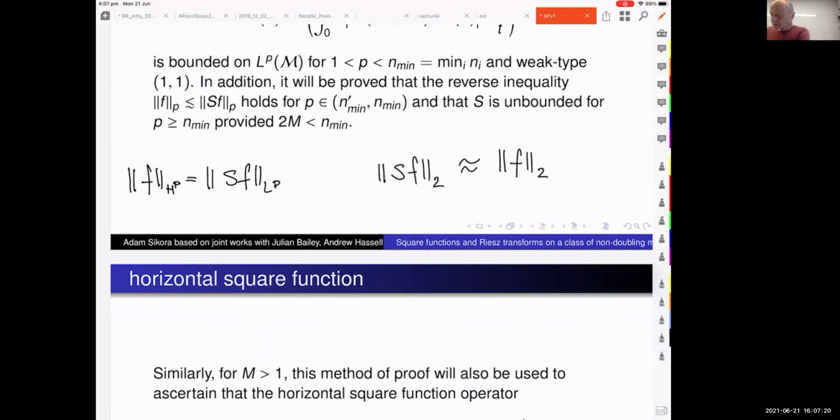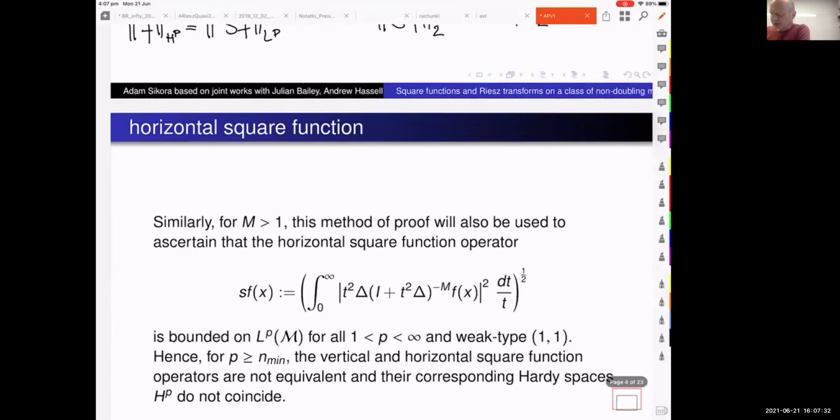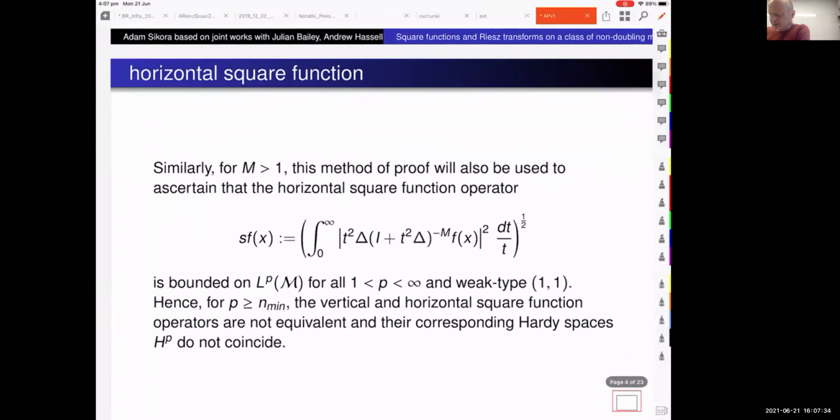And there is another definition in which you could define the square function, but in which you replace the gradient just by the operator. So this is just a little bit of different scaling.